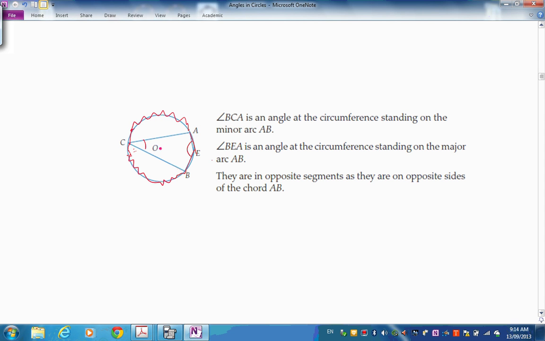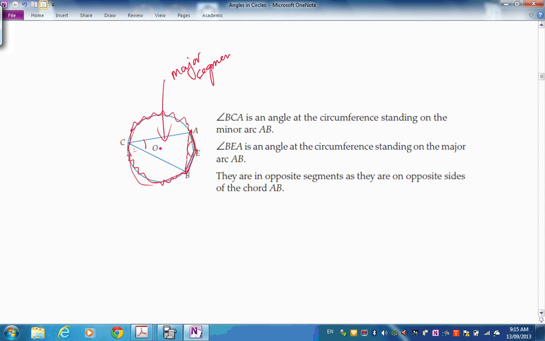Okay. So this is sitting on that, isn't it? It's still AB, but it's around here. And so you've got a big angle sitting on that right out there at the circumference. And they're in opposite segments, aren't they? Because if you join the chord A to B, this is the big segment made by any chord.